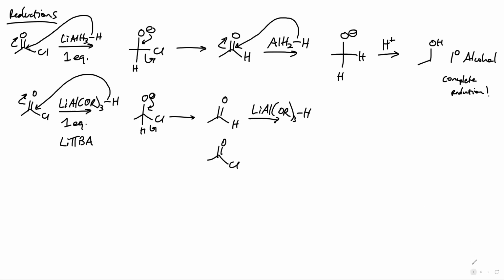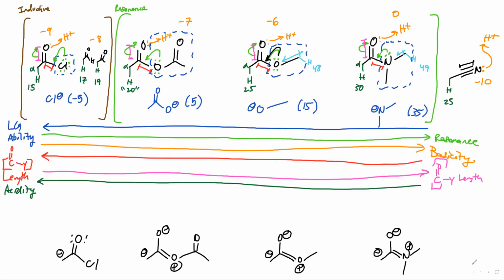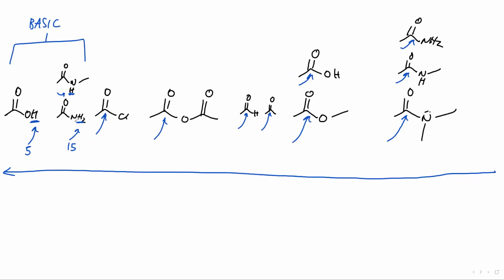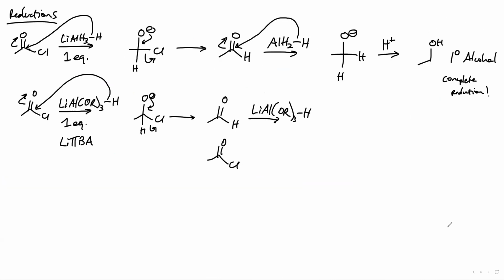Who is more electrophilic? You can quickly come back here, but who do we say was more electrophilic? The answer is the acyl halide. The aldehyde is less electrophilic than the acyl halide, and because of that, we're not going to get the attack here. We're going to get the attack over here, and so we're always making aldehydes.